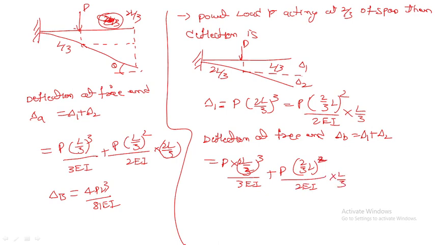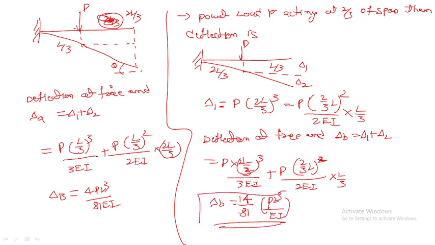Now delta B is equal to 14 divided by 81 PL cube divided by EI.